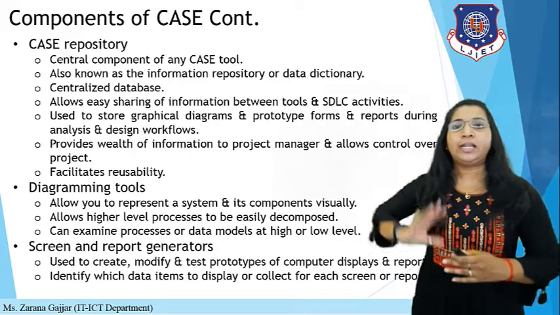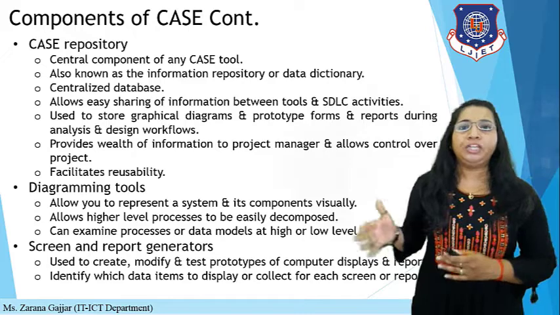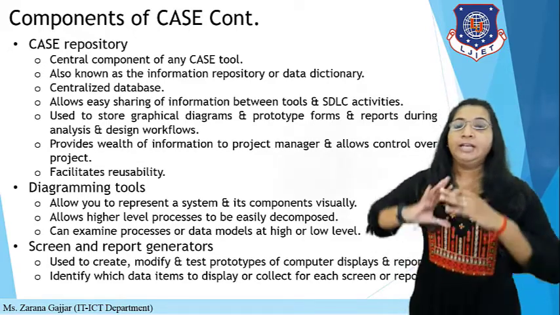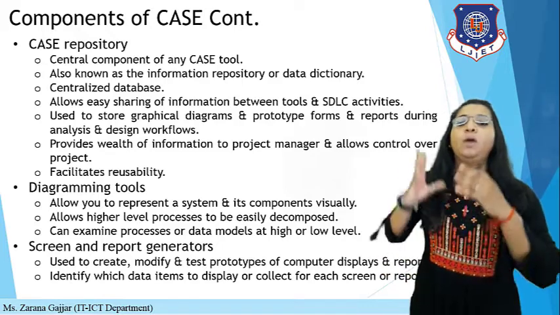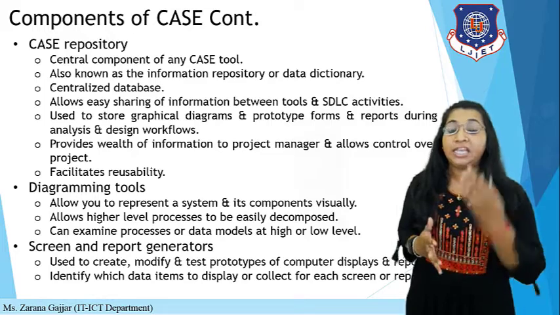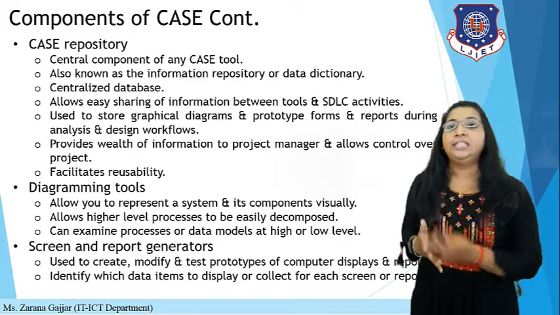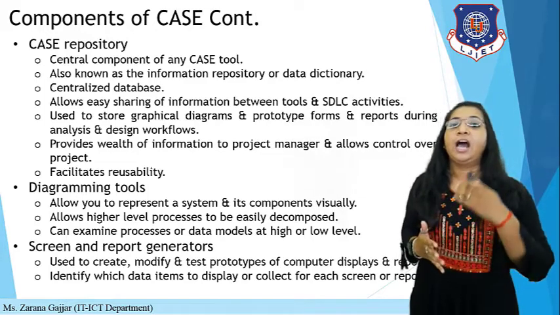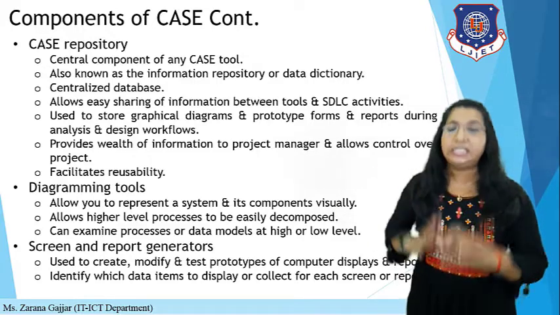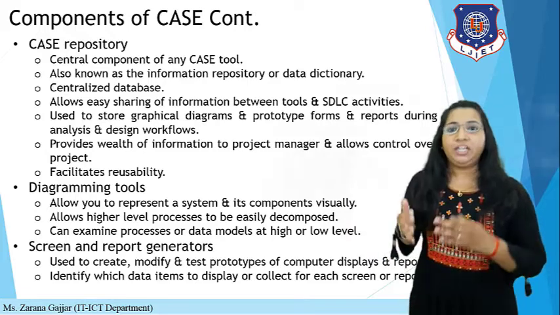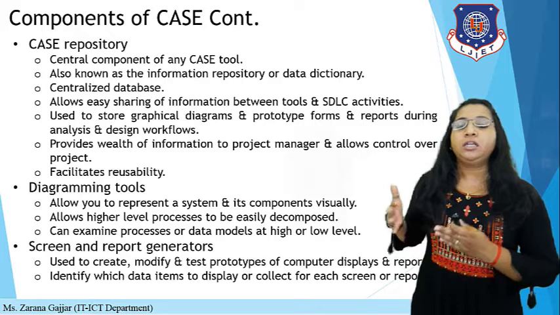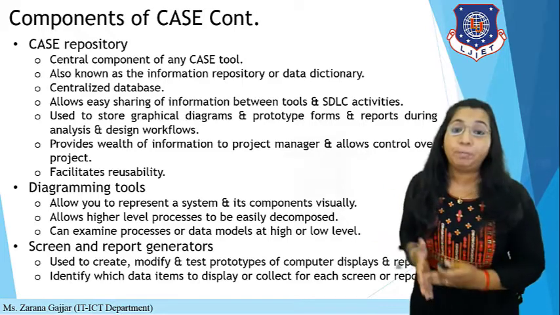Now the next component is the diagramming tool. It allows you to represent a system and its components visually. By diagram mode you can show a particular web application page. It allows higher level processes to be easily decomposed and can examine a process or data model at a high or low level, so how a particular web page is visible to the customer. Then another component is the screen and report generator.